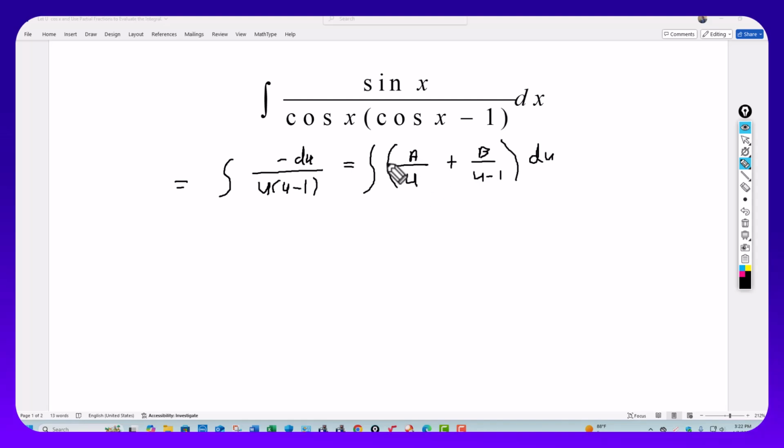The first integral is going to be a multiplied by the natural log of absolute u. The next will be b times the natural log of u minus 1. Then we substitute u, which is cosine of x, plus the constant of integration, and we're done. So for the setup, we have minus du.